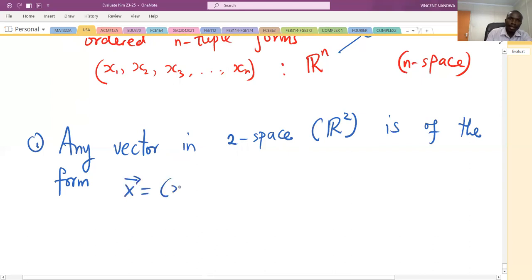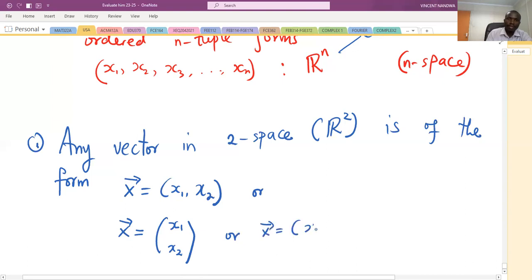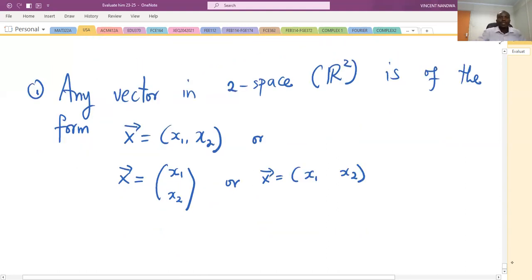You can write it as x1, x2, or you can represent it as x equals, in column form, x1 and then x2, or you can write that vector as just x1 and then some space x2. So those are the different notations we'll be using.